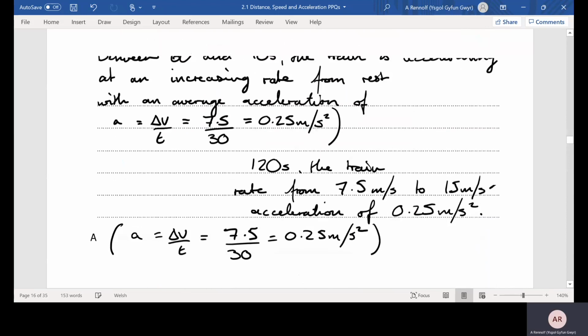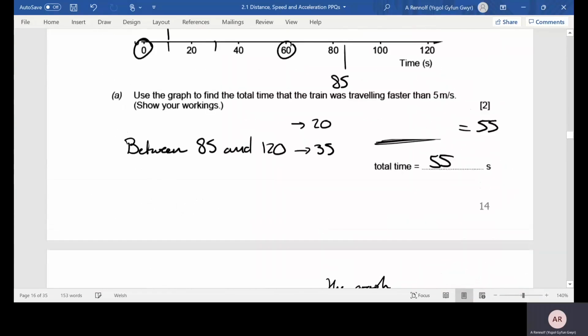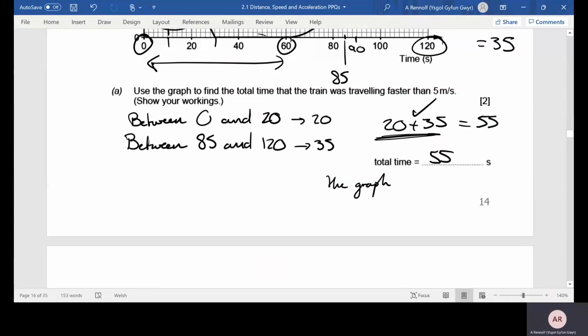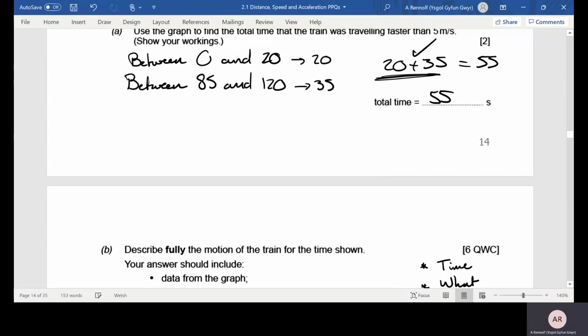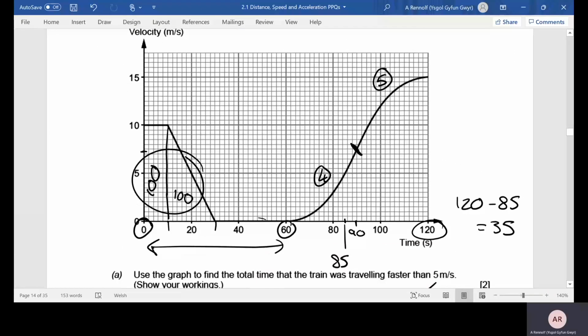Okay, so we're going to have a look then. What's that going to look like? Sorry, this is playing up a little bit. Okay. So we're looking at between 60 and 120 seconds. We're dealing with that curvy thing. And on the face of it, that's a very difficult thing to work the area out of.